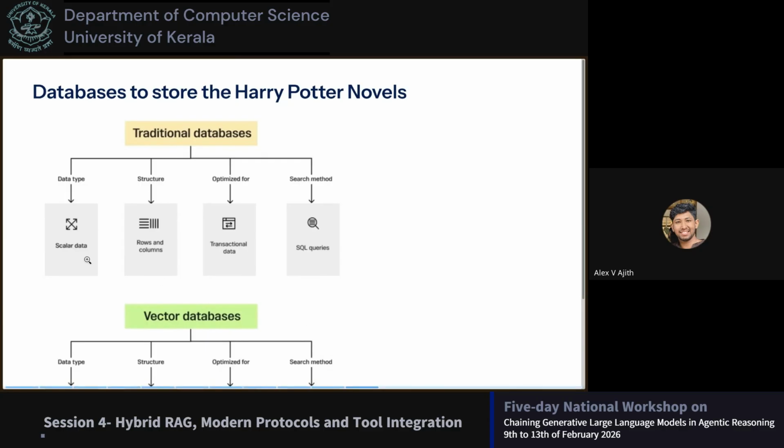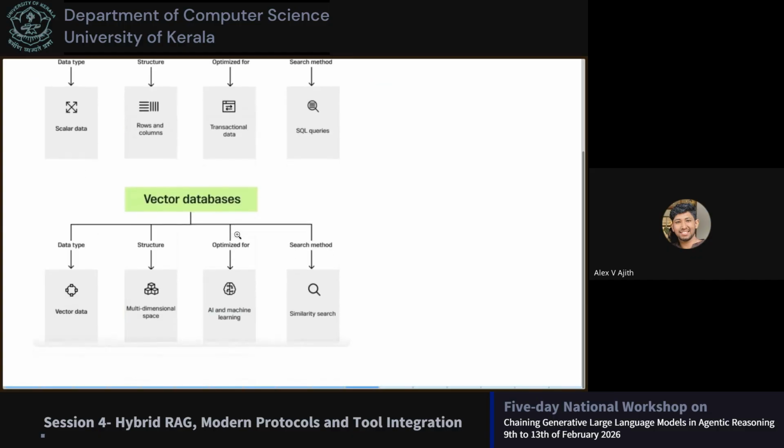We have a traditional database, like a SQLite database or relational database, and here I'm going to store information in rows and columns, like students' age, students' class, students' marks, etc. Maybe in a transactional database, transactional data like bank statements, how much money is being transferred, and so on. But we need something like a vector database.